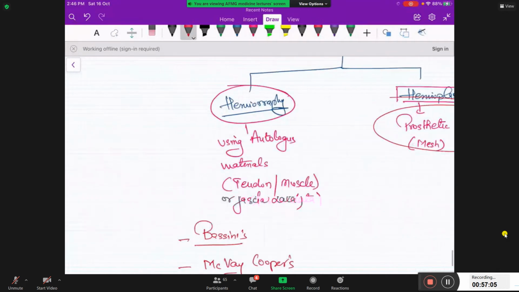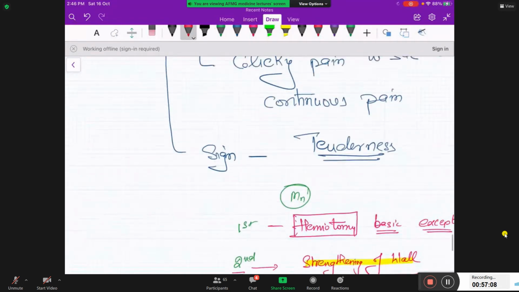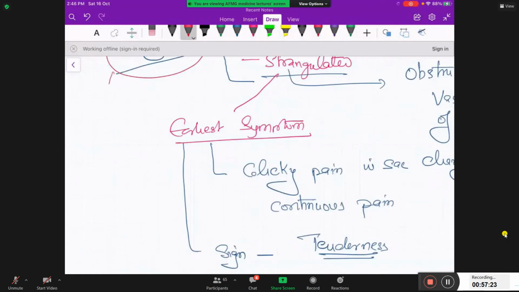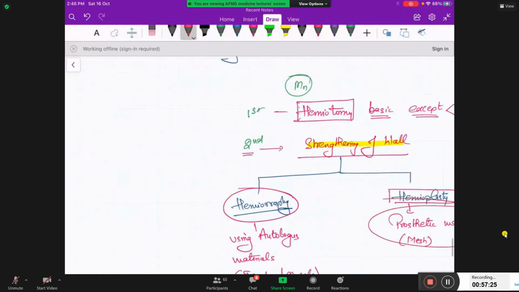So if at all you are doing an obstructed and a strangulated hernia repair, then only you will do hernia repair in emergency. Otherwise, you don't do hernia repair in emergencies. Then is a time we may need to use a herniorrhaphy.